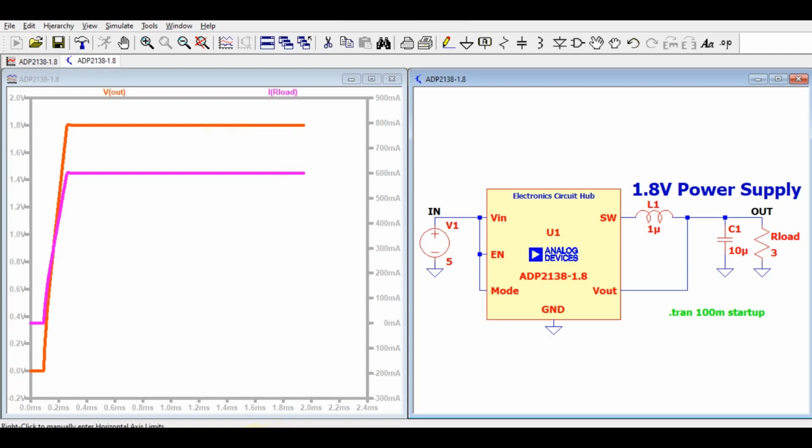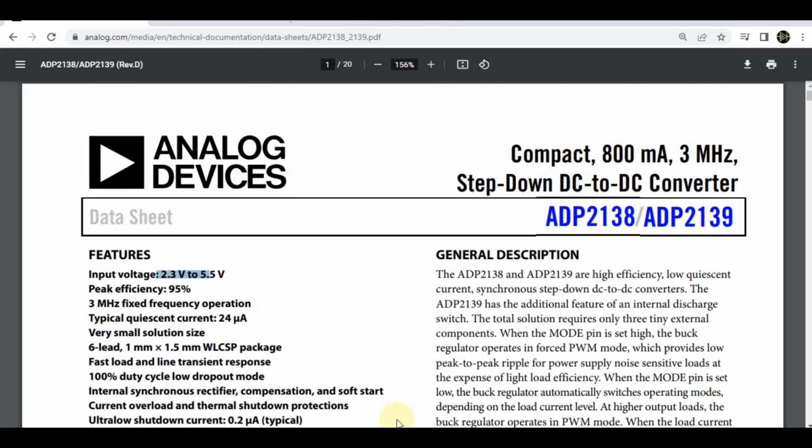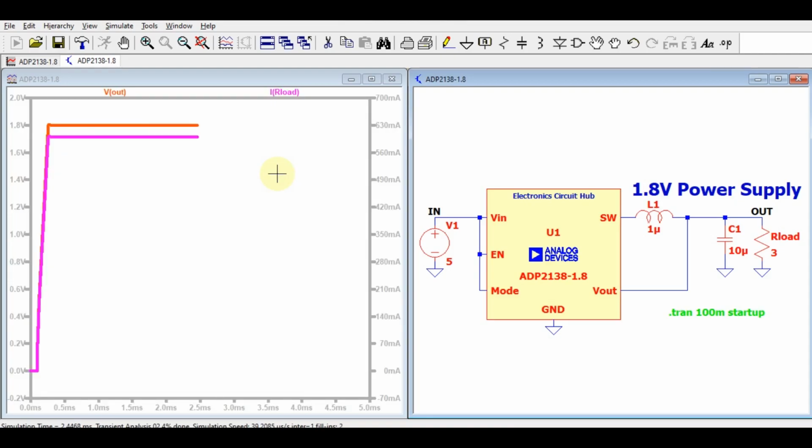That means the data sheet is saying you can draw up to 800 milliampere, but for this application I used only 600 milliampere. So if you are drawing 600 milliampere at the load, you see there is no voltage dip. Voltage is also fixed here.